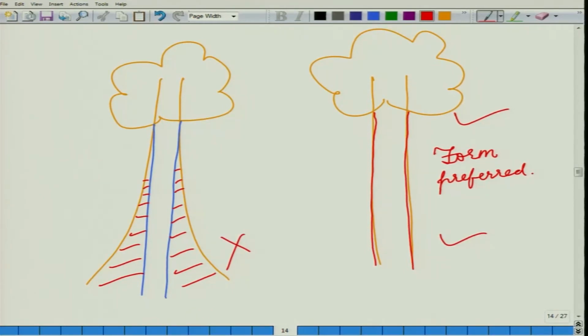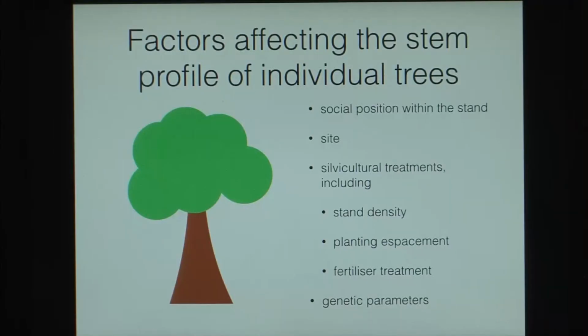This is why it is important to know the factors that affect the stem profile of individual trees. As we can see in this slide, it is affected by a number of factors, say the social position within the stand, the site conditions, and the silvicultural treatments including stand density, planting espacement, fertilizer treatment and genetic parameters.